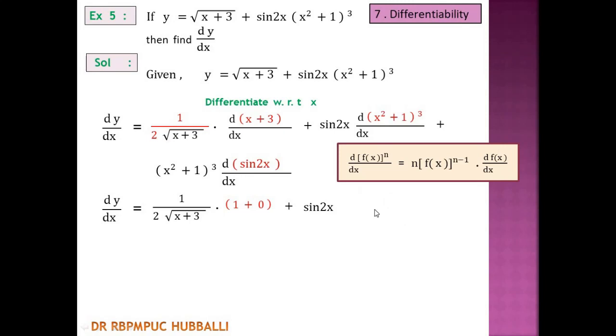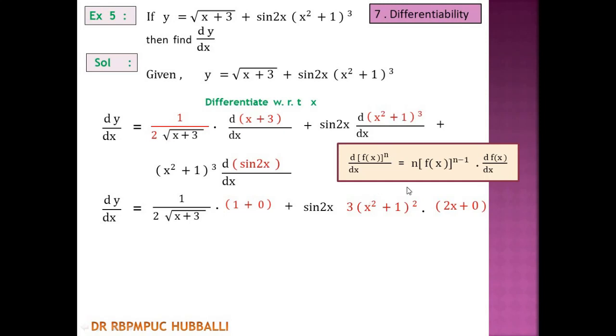That is 3 into x square plus 1 whole cube. It is 1 less if we take, it is 2. That is 3 into x square plus 1 whole square into d by dx of x square plus 1, that is f of x, 2x plus 0.